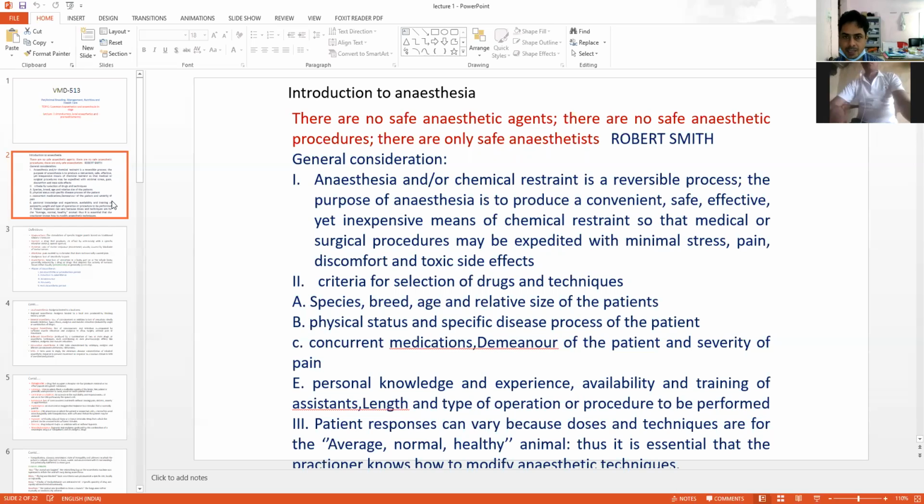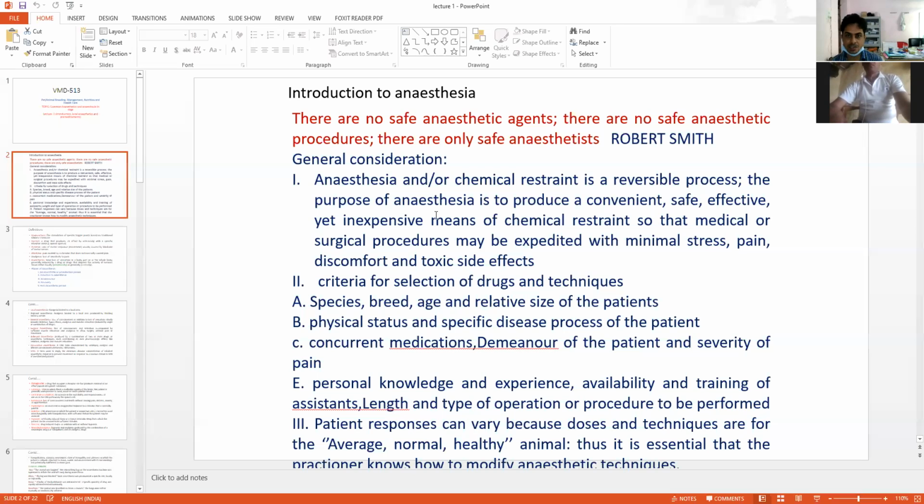The only safe thing is the anesthetist, and it totally depends upon a skilled anesthetist. If a perfectly skilled anesthetist is there, he will manage the case accordingly. So the person engaged in this procedure plays a very important role.